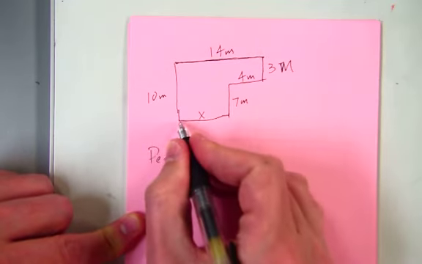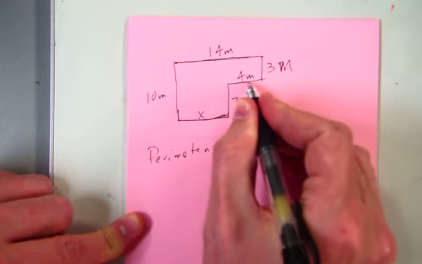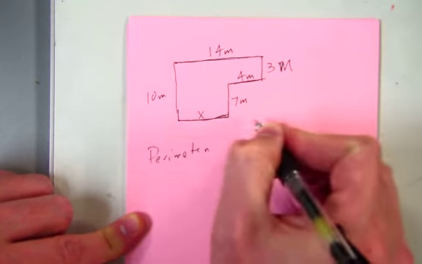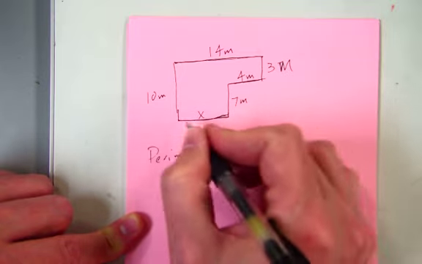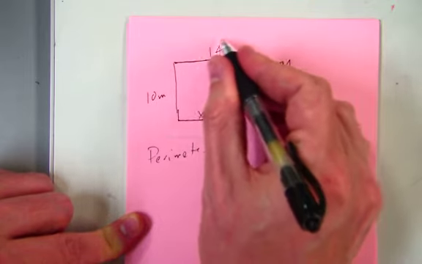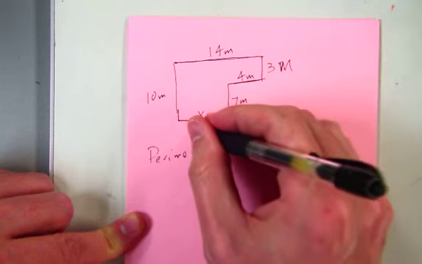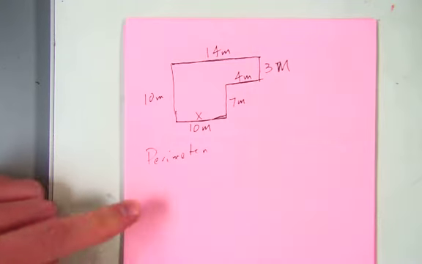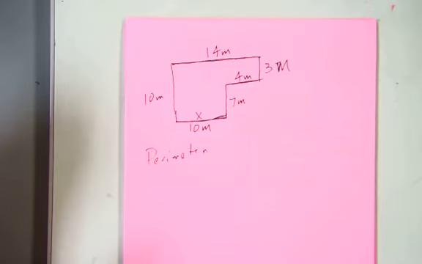And then this distance down here plus this distance up here is going the same distance across the shape, right? Across the shape, all the way across. So if this is going to be a 4, and this up here is going to be a 14, well, 4 plus 10 is equal to 14. So I know that this one down here has to be a 10. So you got to look at those sides and think about how you can use what you know to come up with the unknown pieces for a problem like this.